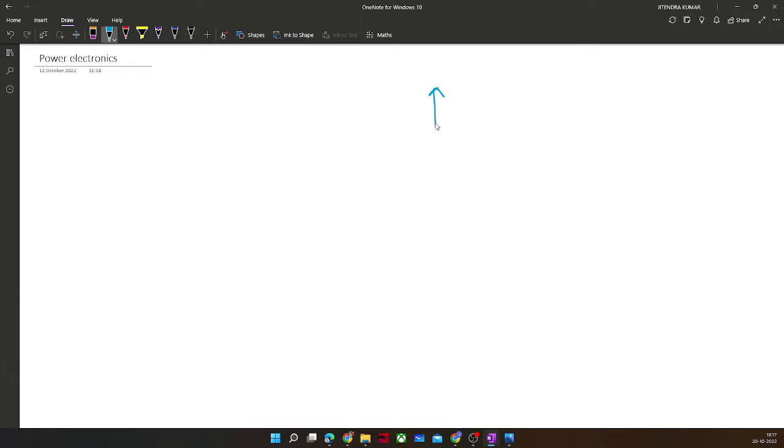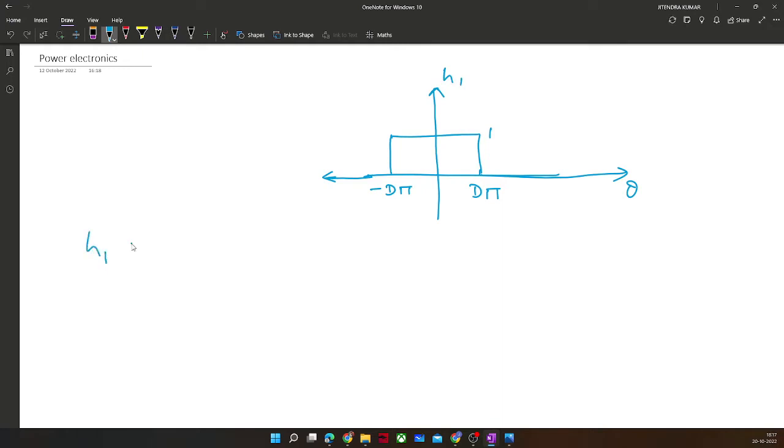I hope you remember this circuit or this Fourier series of this signal when it was conducting from minus d pi to d pi, and this was theta. Okay. So what was the Fourier series for this one? Can anybody recall it? Sorry, it was d by 2, d by 2.